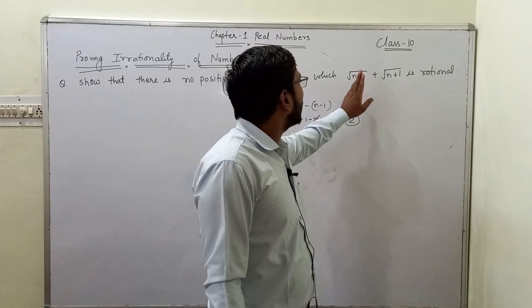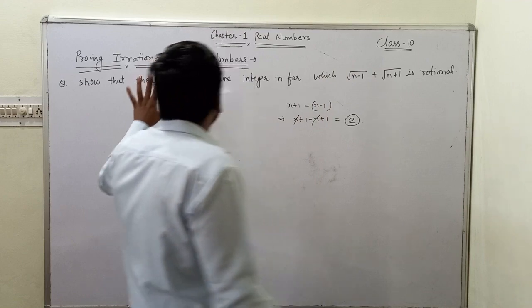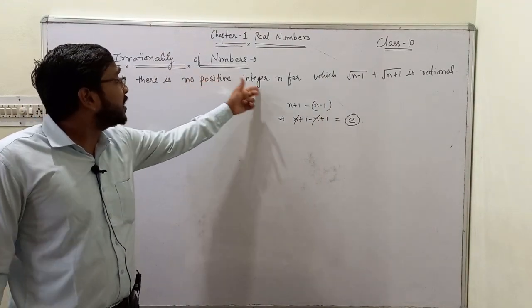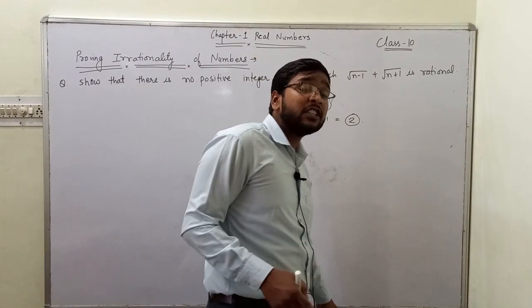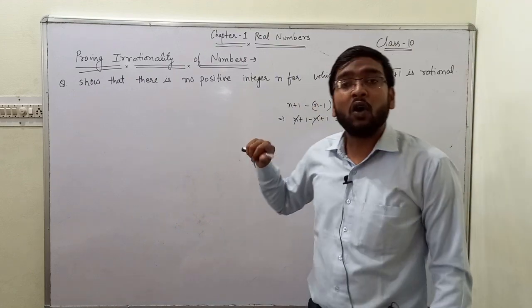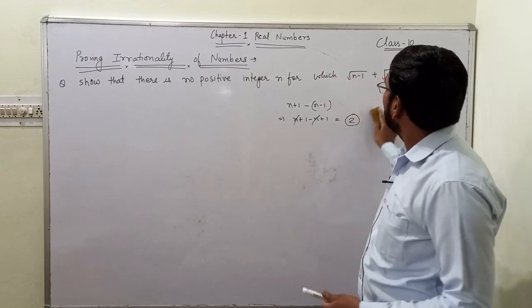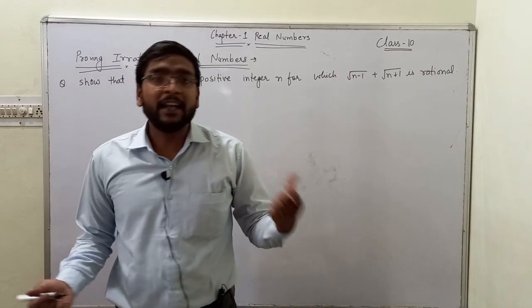Whatever you put, n equals 2, 3, 4, 5, 1. Okay, got it? And if we are saying no positive integer, okay, what does positive integer mean? In the previous video I have already told you that whenever we talk of positive integer, we are already talking about natural numbers. Okay, so this expression will not be true for any positive integer, that is any natural value of n.